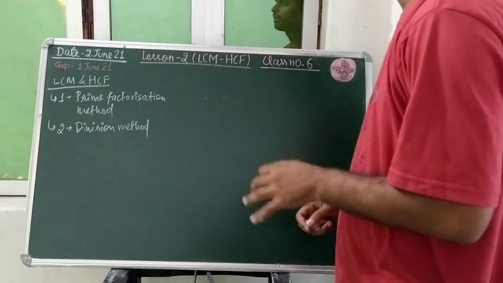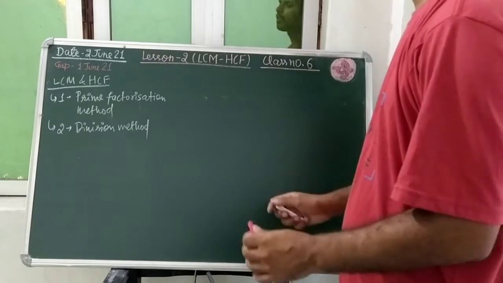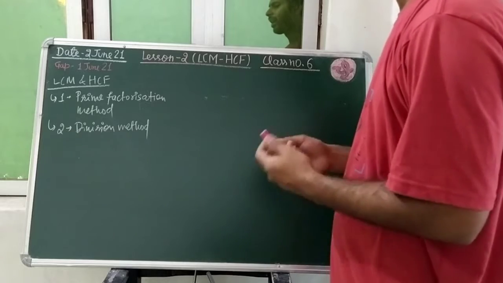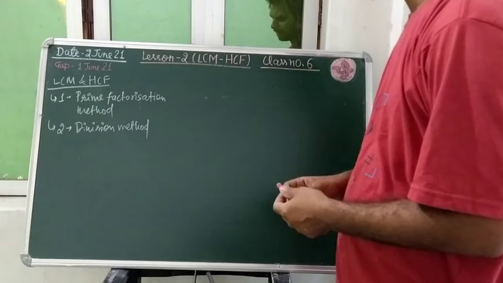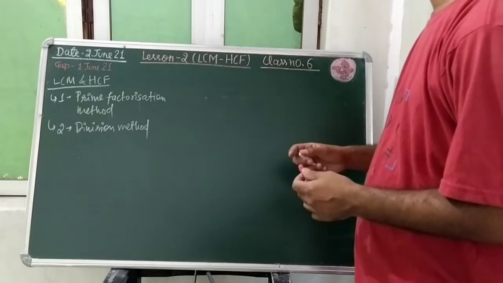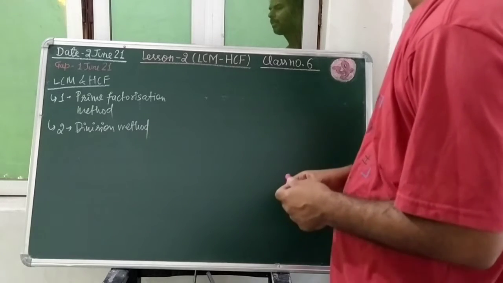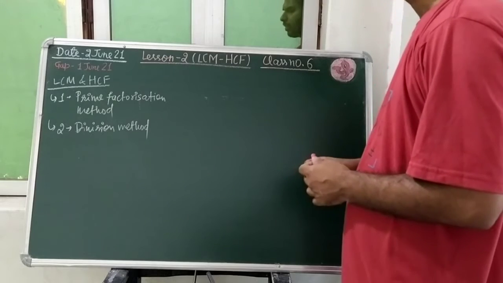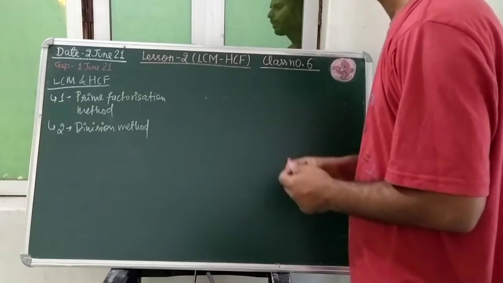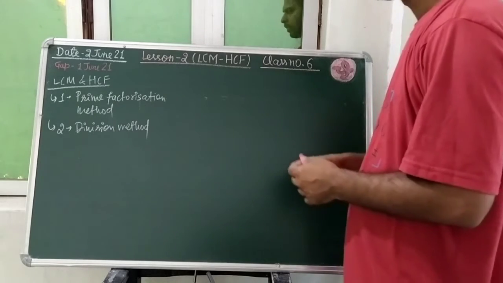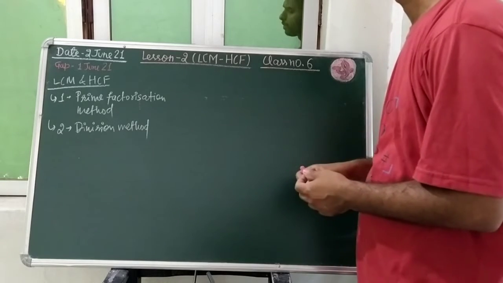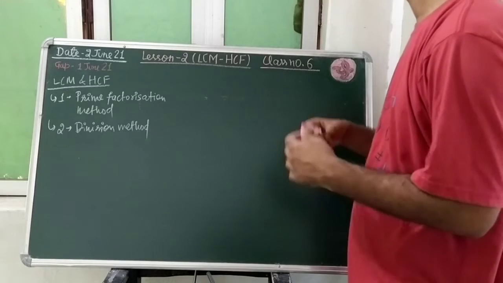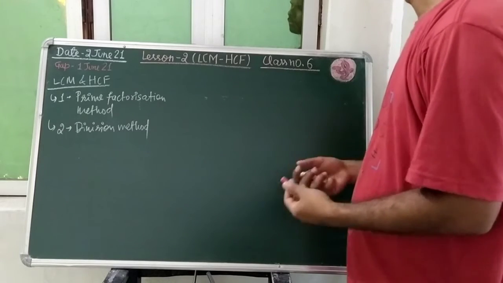And we have seen which rule we are going to apply for LCM and SCF in the case of the prime factorization method. In the earlier class number 5, I said that suppose any problem is given to you and you want to know the LCM and SCF of the numbers given in the problem. So what shall we do?